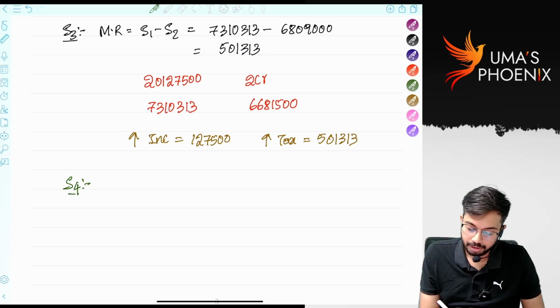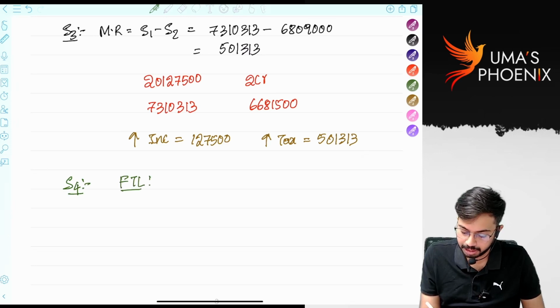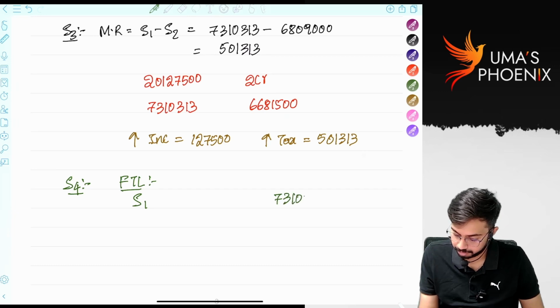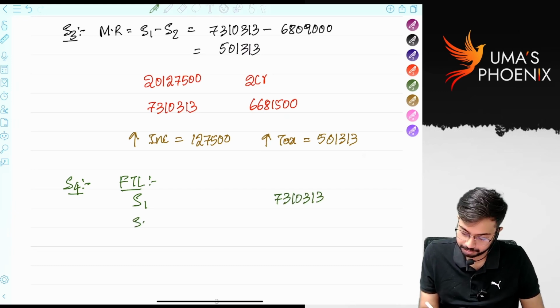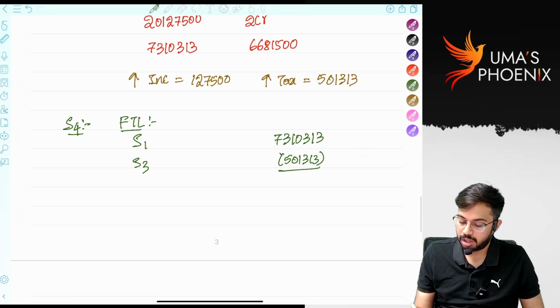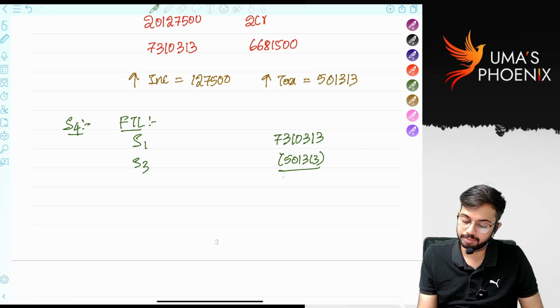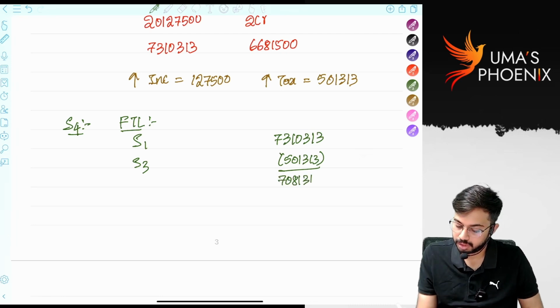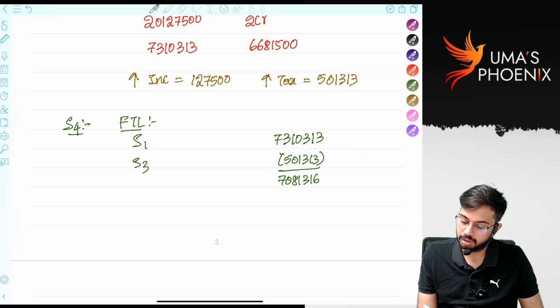Step 4, final tax liability. How much is step 1? 73 lakhs 10,313. Okay. Step 3? 5 lakh 1,313. How much is balance? 68 lakh 9,000.